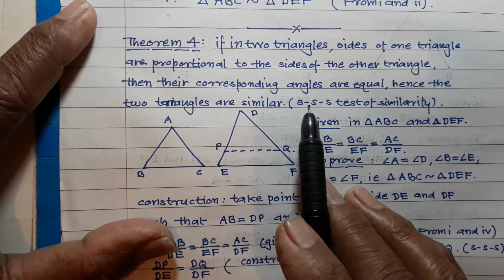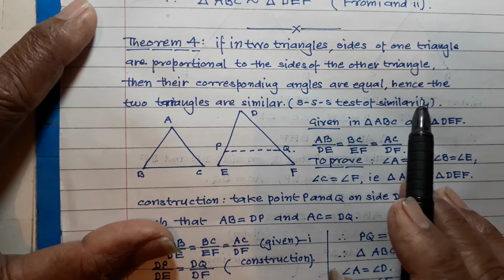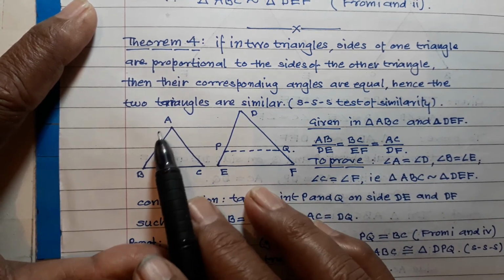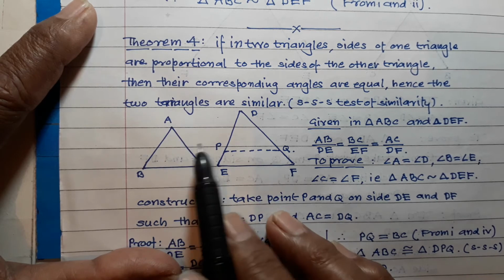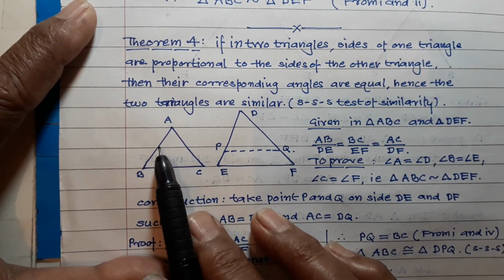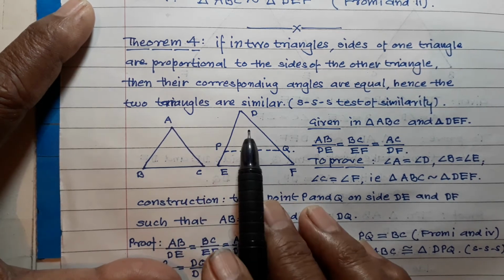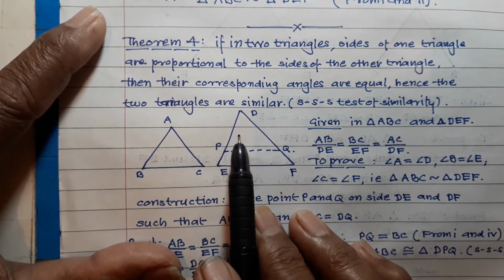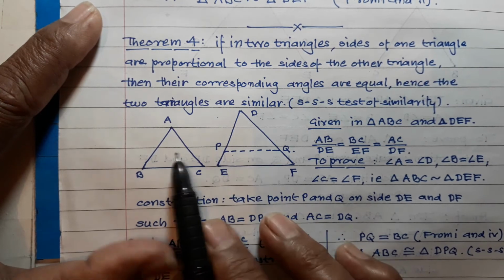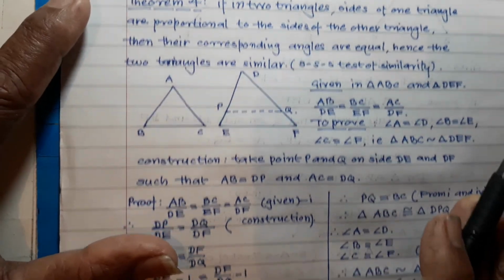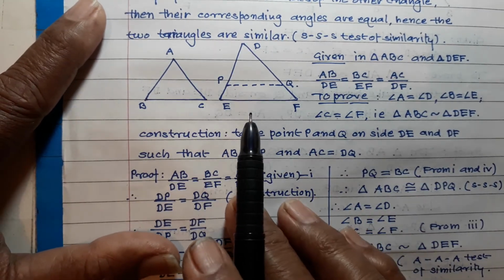This is the SSS test of similarity. That means if the ratios of the three corresponding sides are equal, then these two triangles are similar. Now try to understand.